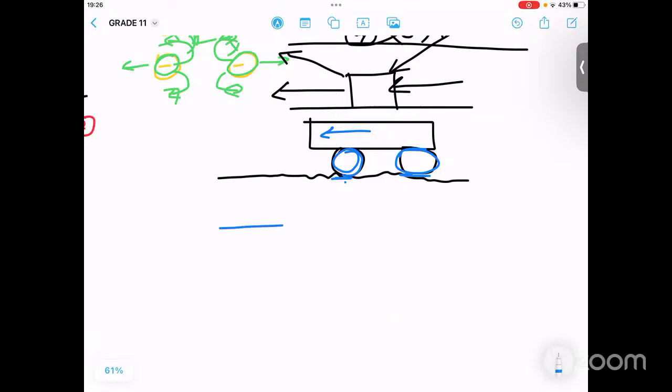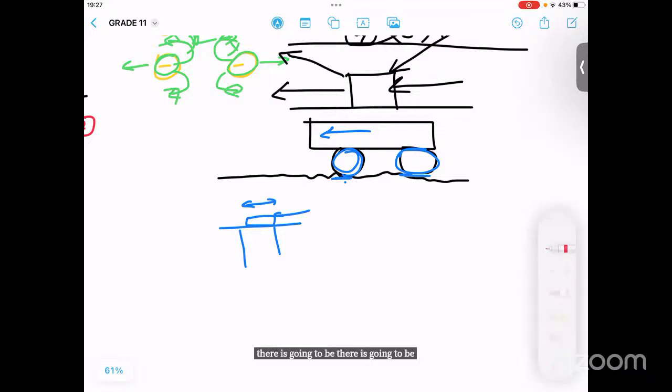Just like this is your table, you have your calculator there. If you rub or push this calculator forward and backwards, there is going to be friction between the calculator and the surface of the table.